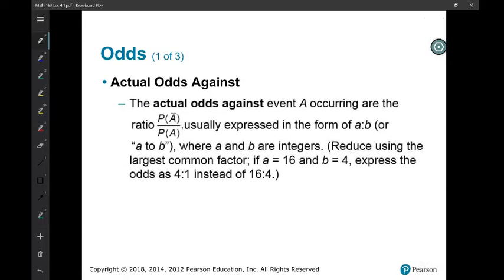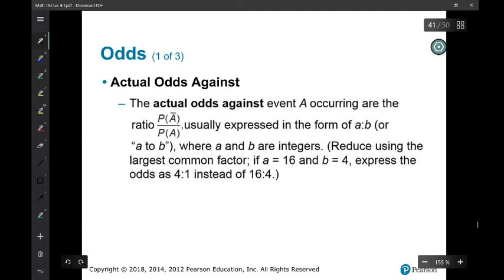Odds. This is more in sports and in gambling, so we won't spend too much time on this. But we define the actual odds against an event to be the probability of the complement divided by the probability of the actual event.